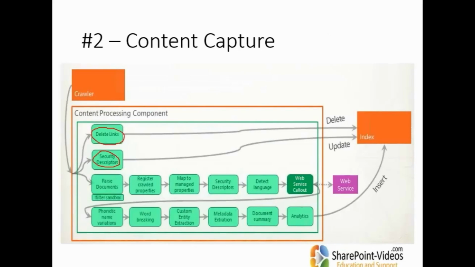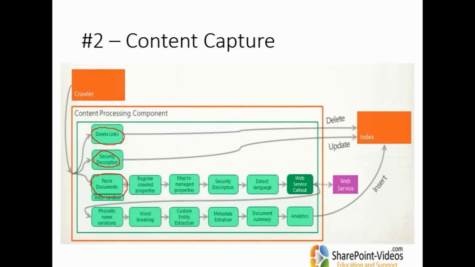And the next thing, of course, is when some metadata or the body or the content itself gets changed. So this is when you edit the properties of the document, or when you edit the document itself. So this is a real content change, and of course the content processor picks up those kinds of changes.